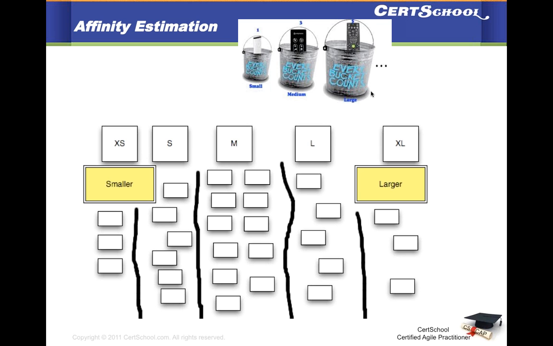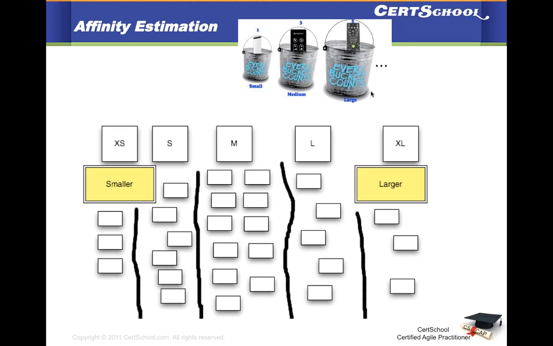One of the places where I have found affinity estimation very useful is when you have epics. If you choose to organize your stories under epics, you may want some sense of estimates against the epics, even though they are far out in the future release. So instead of trying to do the most accurate estimate based on story points, you can just put them in 3 or 4 buckets: small, medium, large, or small, medium, extra large.